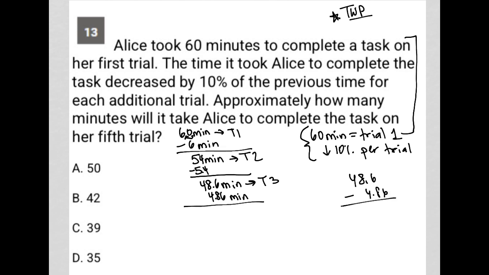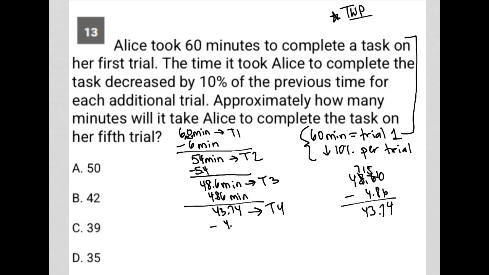And you could probably round this, by the way, to 5 and just kind of estimate your answer, but I'll do it exactly here. So subtract 5, or cross out the 6, make a 5, make that 10. So this is 4. Borrow here, this is 7, 3. So 43.74 is T4.